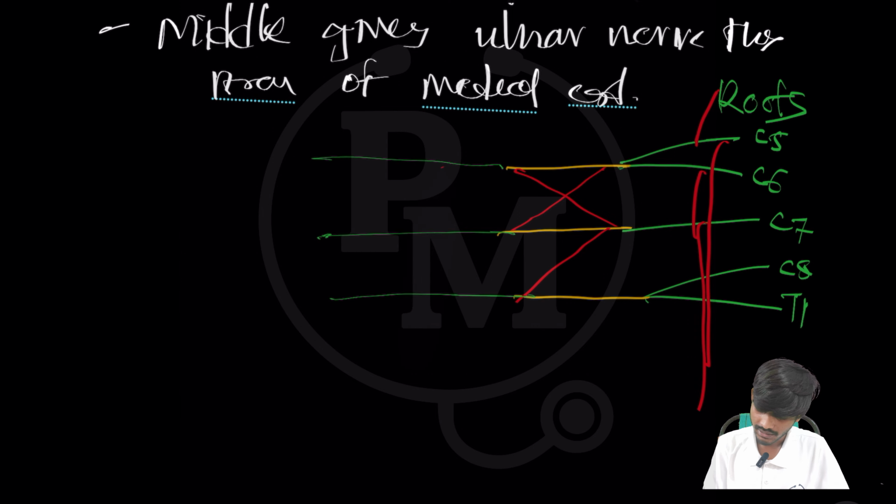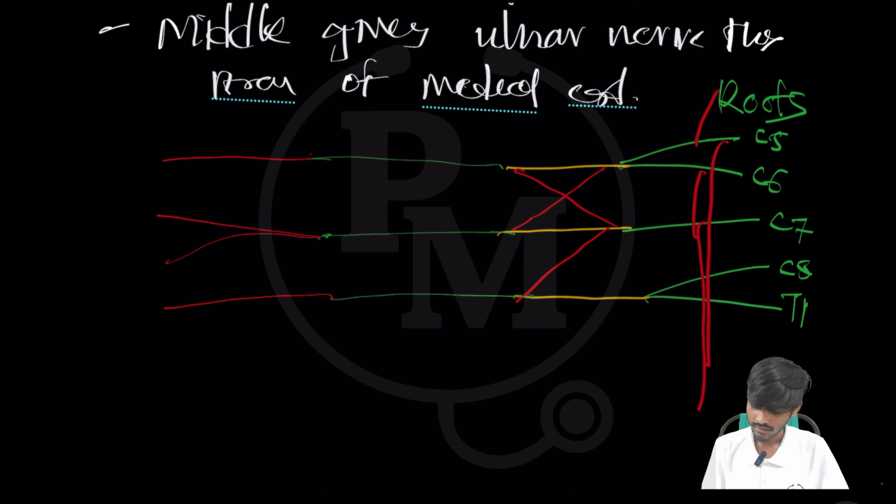One main branch of lateral cord is musculocutaneous nerve, main branches of posterior cord are axillary nerve and radial nerve. Lastly, this medial cord gives ulnar nerve.